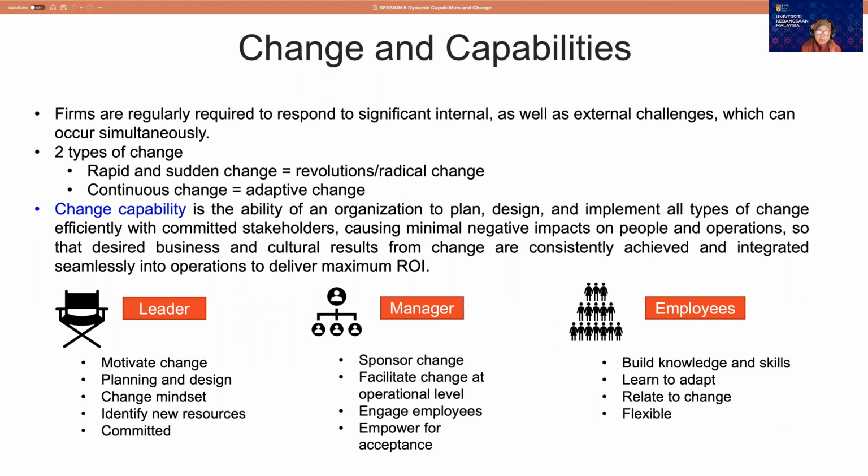For example, rapid and sudden change can happen when there is a total shakeout in the environment, for example the pandemic. That requires organizations to have a rapid and sudden change. They need to change the business model, change how they operate, and sometimes think of diversification, going into another type of business if the industry is very badly affected by changes in the external factors.